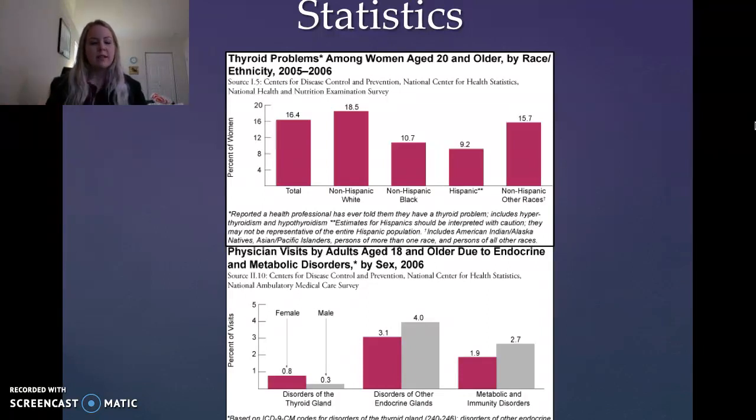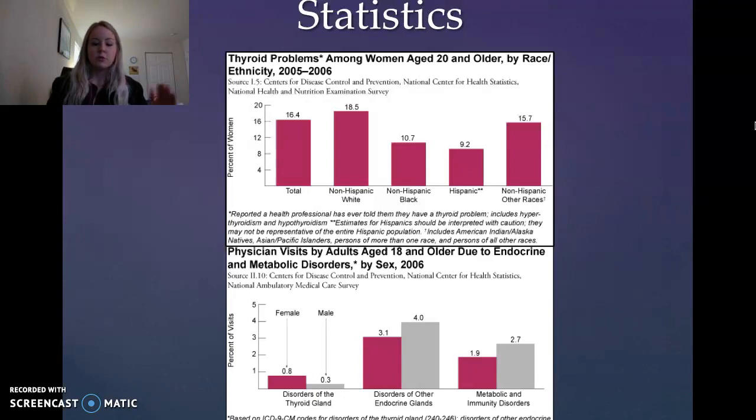The bottom graph is physician visits by adults aged 18 and older due to endocrine and metabolic disorders. This gives you an idea of how many people with endocrine disorders have thyroid disorders, because the thyroid is part of your endocrine system. The pink bars are females and the gray bars are males, so it shows that more women have thyroid disorders than males.